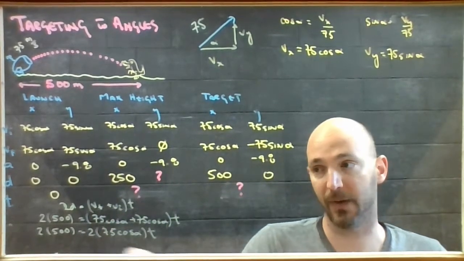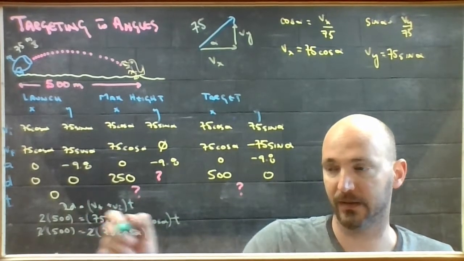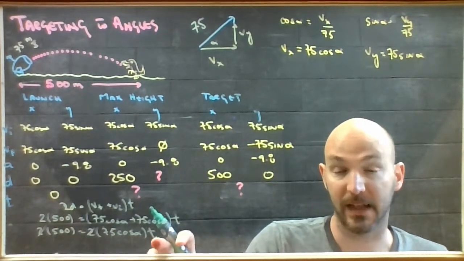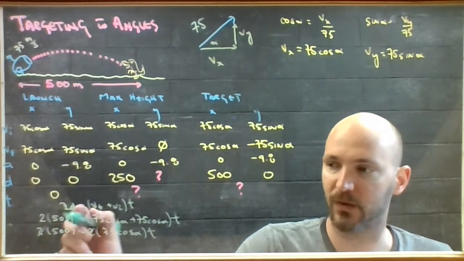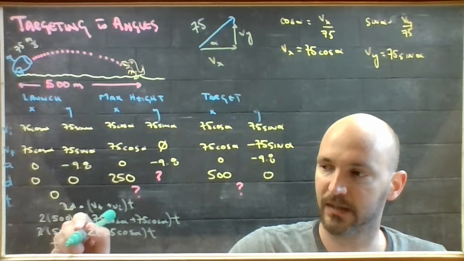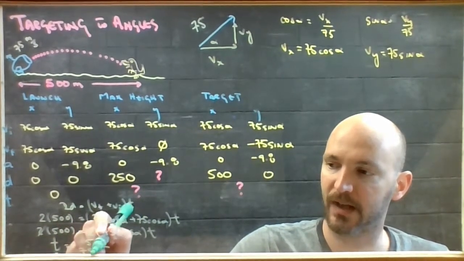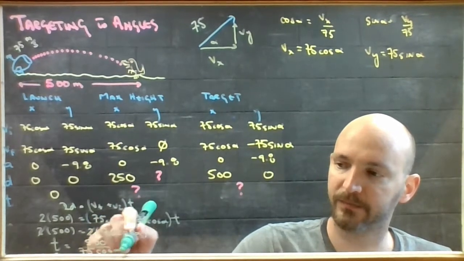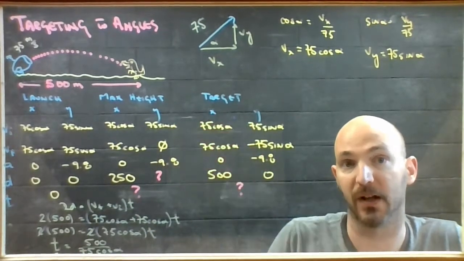I'm going to write it that way because you notice that a 2 on this side and a 2 on this side divide each other out. Which means to get t by itself, I just have to divide that side by 75 cos alpha. So t is 500 over 75 cos alpha. That's my one expression for time using the horizontal information.